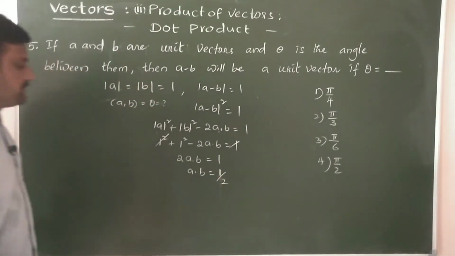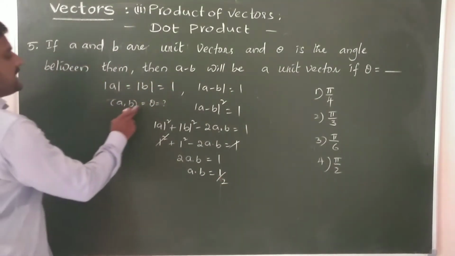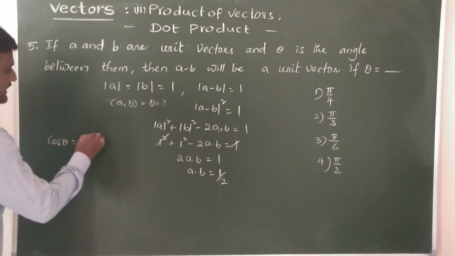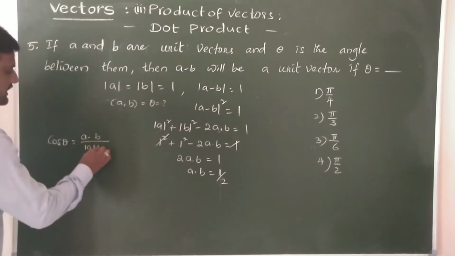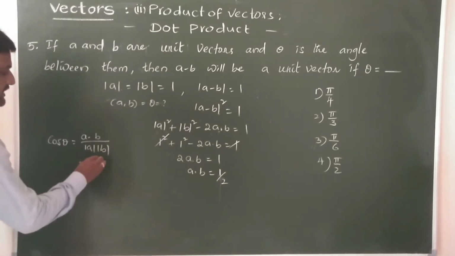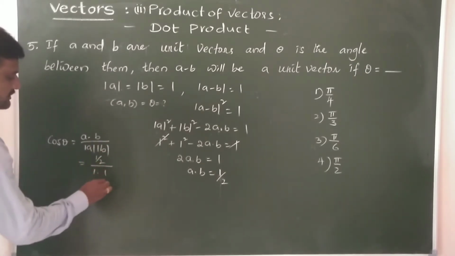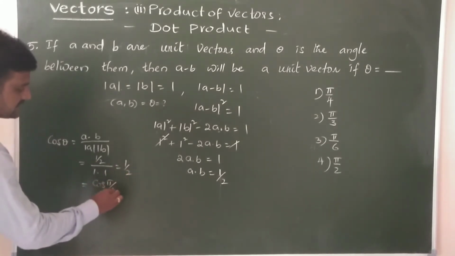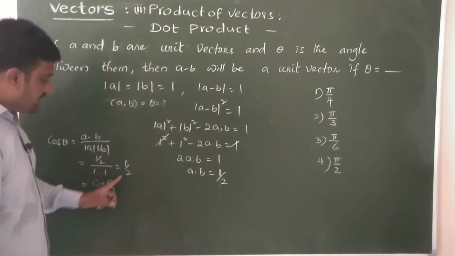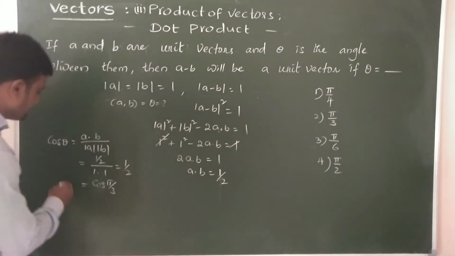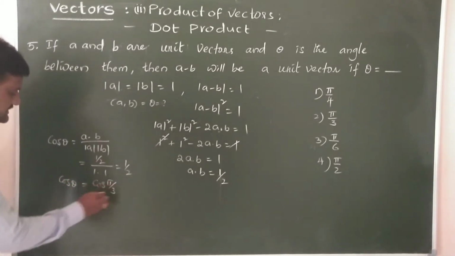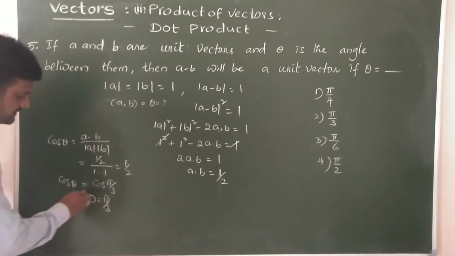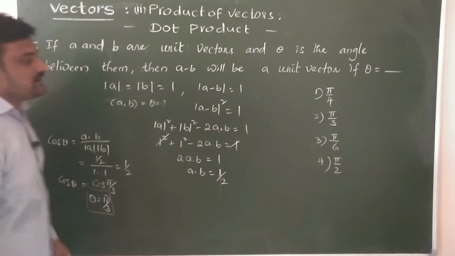If A dot B is 1 by 2 and the angle between A and B is theta, then cos theta equals A dot B by mod A mod B. A dot B is 1 by 2, now it is 1 into 1, so 1 by 2. It is nothing but cos 60. Cos 60 is 1 by 2, then cos theta equals cos 60, then theta equals 60.